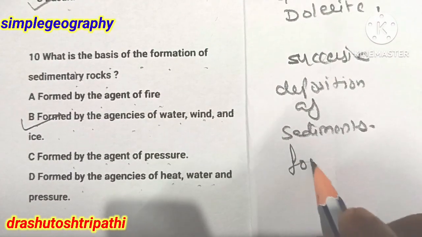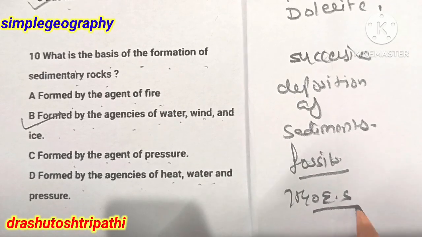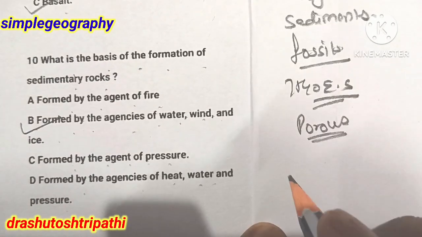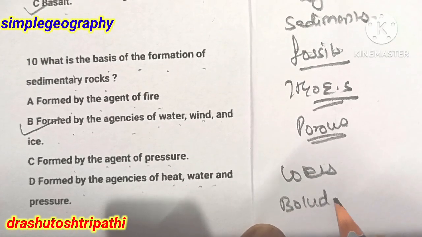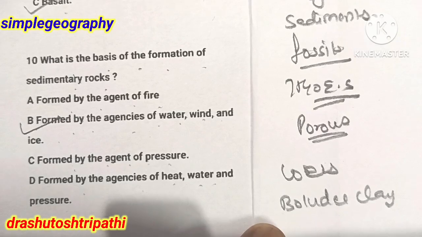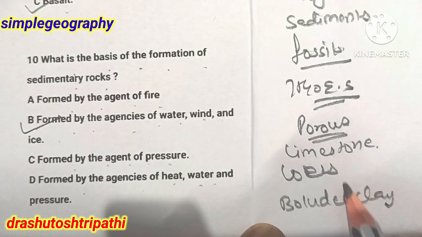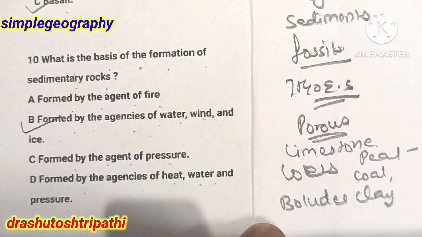As you know, these rocks contain fossils. 75% of the Earth's surface is covered by this type of rock, and these are permeable or porous, which means water can easily pass through them. Examples of these types are loess, boulder clay, limestone, coal, and peat.